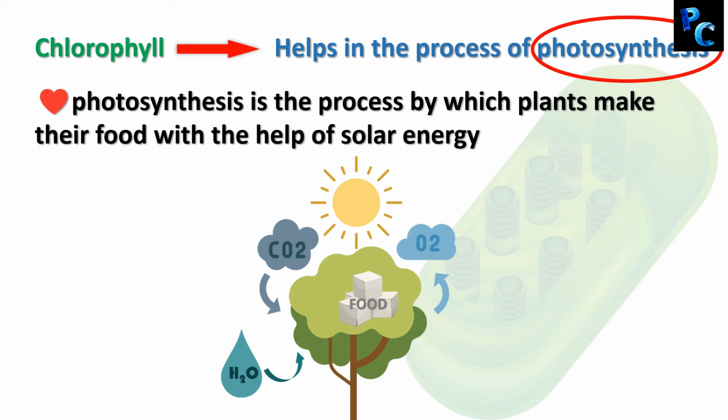This oxygen is a byproduct and it is given out to the environment. This process of making food with the help of sunlight by plants is known as photosynthesis. I am not going into the detailed process of photosynthesis here. You will learn about it in details in the higher classes. Because food is made within the chloroplast, that's the reason it is called kitchen of the cell.